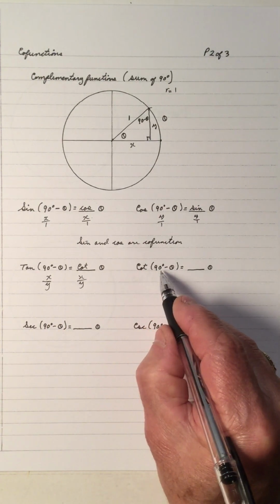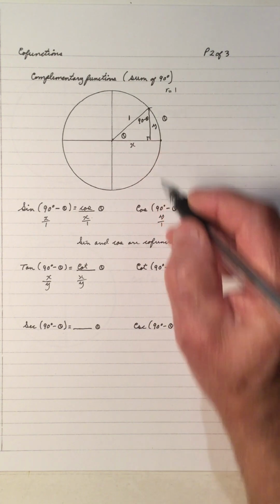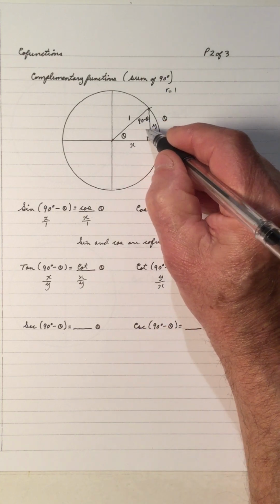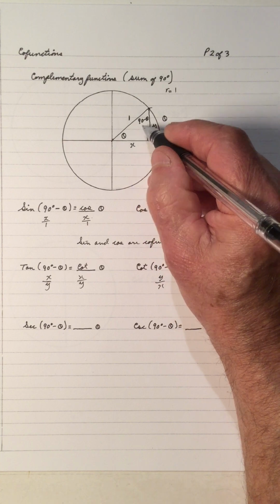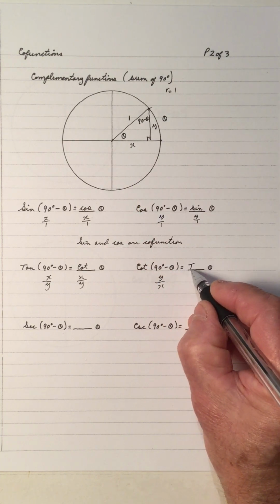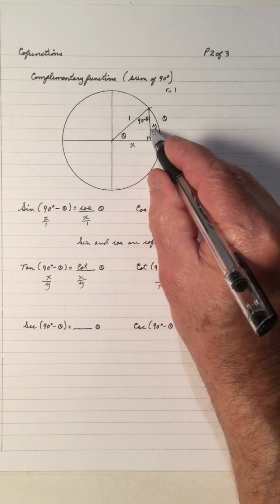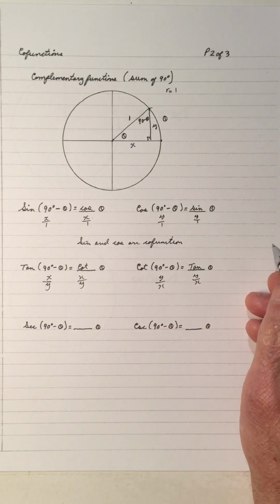And what about cot? The cot of 90 minus theta, cot is the adjacent, which is the y over the x. Cot of 90 minus theta is the adjacent over the opposite. So therefore, the cot is equal to the tan of theta, because the tan is opposite over adjacent, which is the y over the x.